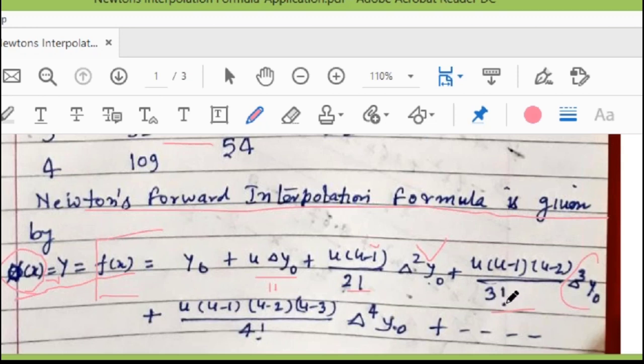This is a popular formula, and you have to remember it. Keep it in mind.